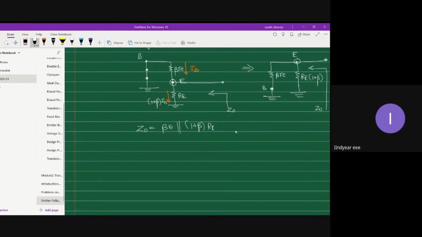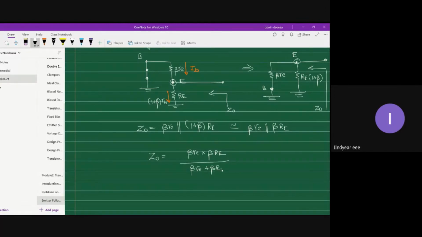Approximately, you can say it is beta re in parallel with beta RE, the capital RE. So Z0 can be written as beta re into beta RE divided by beta re plus beta RE. Or you take out beta common.